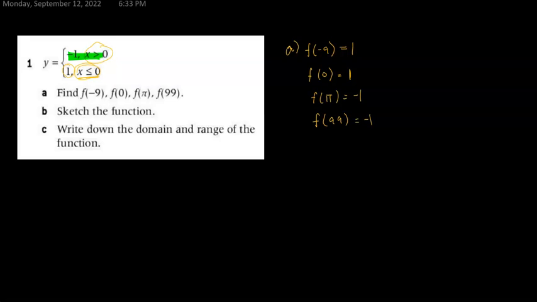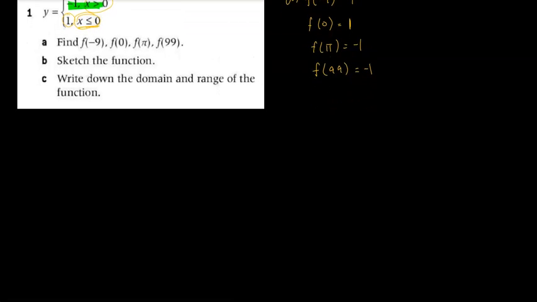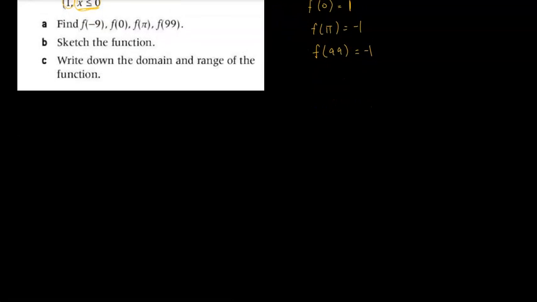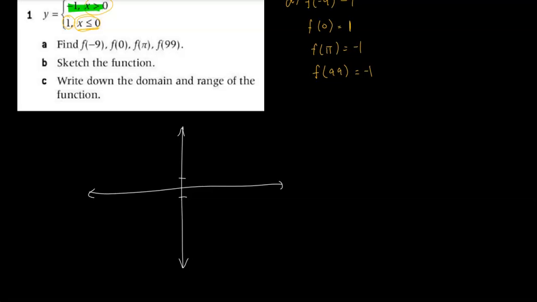It says sketch the function. So we can use those points, or those are just horizontal lines. So let's go ahead and draw. Okay, and then we have 1 and -1. So I'm going to draw the entire -1, and it's from where x is greater than 0.